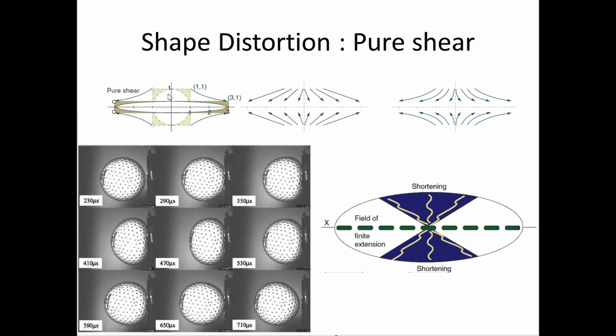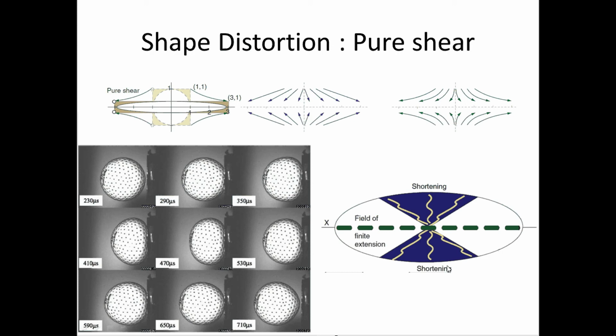If you have a material line parallel to line 1, after deformation it has to be shortened. So if initially I have a line starting from this point to this point, after deformation it has to be limited from this point to this point. So the shortening will take place in this regime, while the extension in this regime.